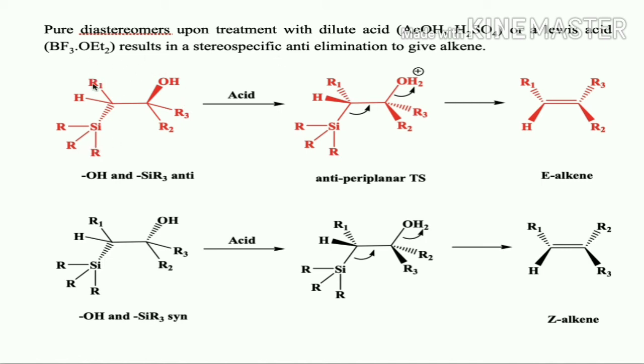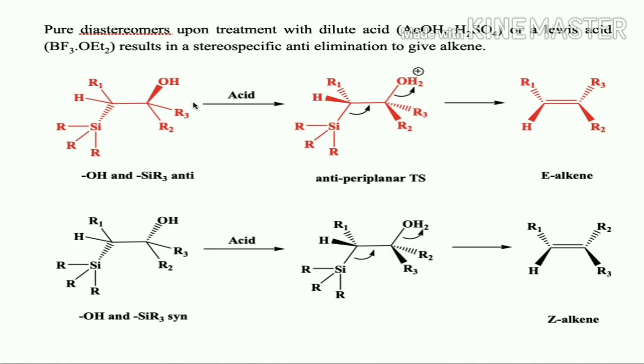It means if I take one of the diastereomers where the silyl group and OH group are anti to each other, and treat with dilute acid like acetic acid or H2SO4, or even a Lewis acid, it results in stereospecific anti-elimination to give alkene.